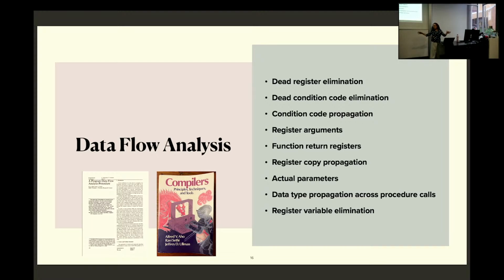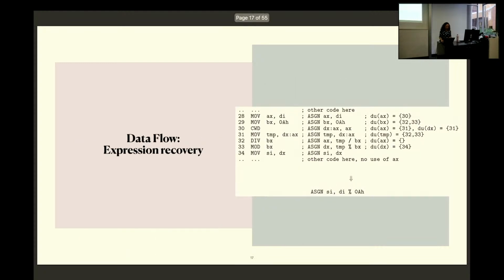I was using them to remove stuff from all of the assembly code, right? And so there was dead register elimination, dead condition code elimination, a lot of very standard techniques. And I also looked into some of the data flow papers from Frances Allen and John Cocke from the 1970s to develop some of these techniques.